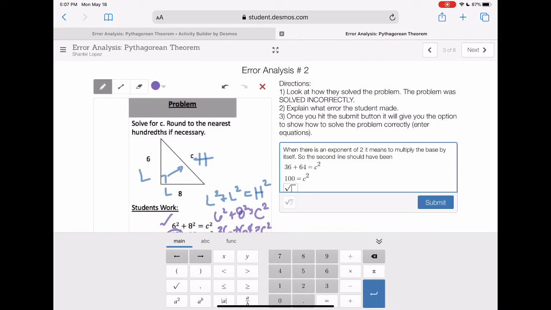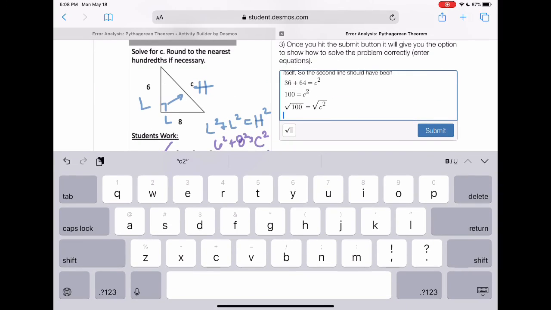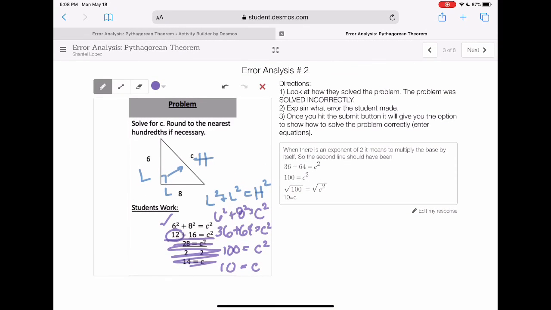I'm going to take it that extra way. 100. Remember, our forward arrow equals C squared. Oh, forgetting my square root. Oh no. So in here, I'm going to write C squared. And that square root of 100 is 10. So 10 equals C. And that's my answer.